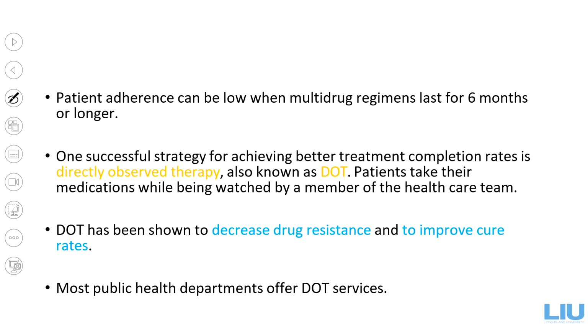Because of the importance of that, there is something called directly observed therapy. What does that mean? It means that members of the healthcare team will watch you and make sure that you actually take the drug. This service is usually provided by most healthcare departments. It's called DOT, directly observed therapy, to decrease drug resistance and improve the cure rate.